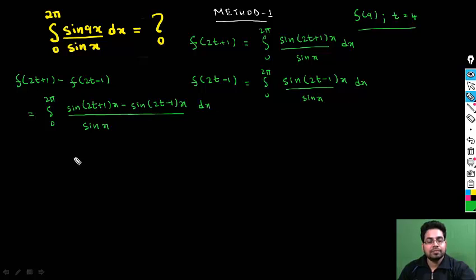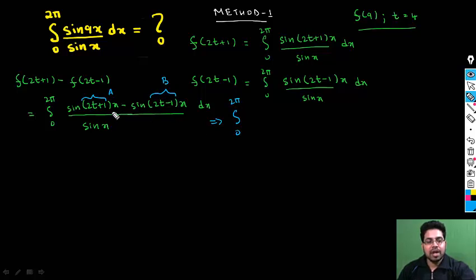Here what I'll do, I'll consider 2t plus 1 as a and 2t minus 1 as b. So if you look at this expression, this is in the form of sine a minus sine b.